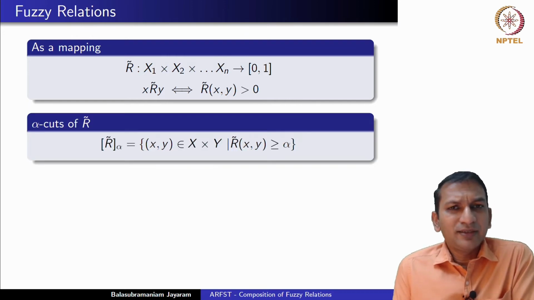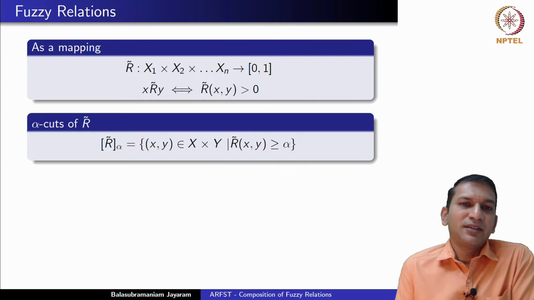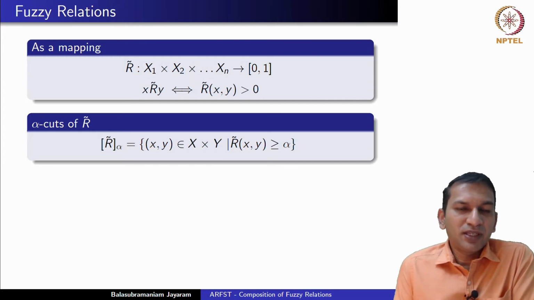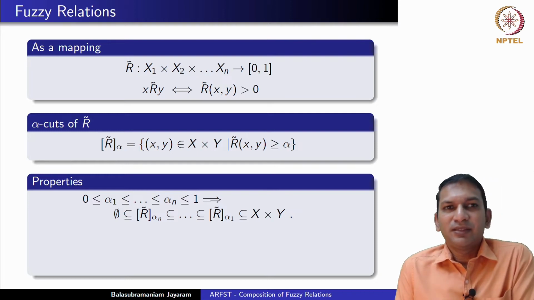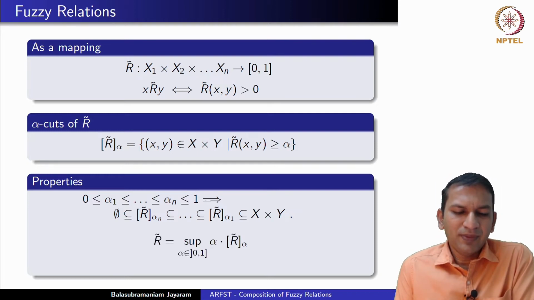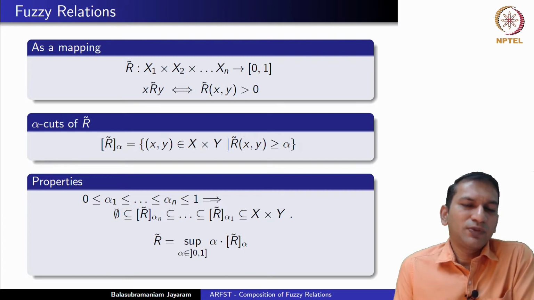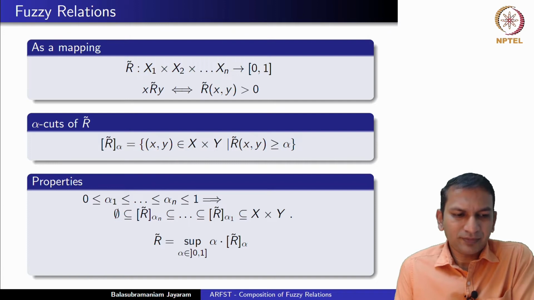We could again take the alpha cuts, just like we did in the case of fuzzy sets, and consider the subset that we get of the Cartesian product. Once again, for increasing alphas the subsets would be telescopically decreasing. We could also resolve the fuzzy relation this way, as we do for fuzzy sets.